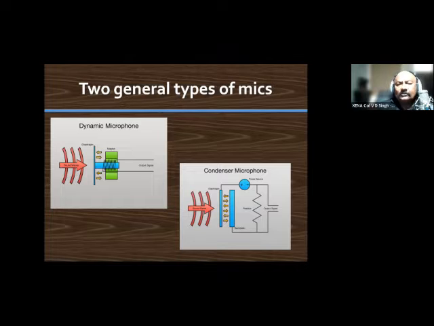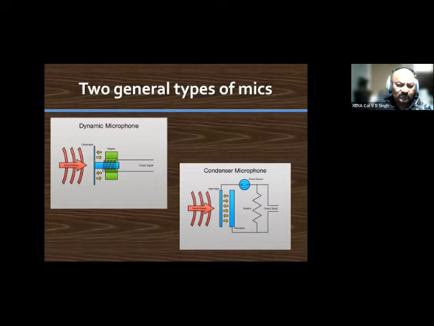Whereas in a condenser microphone, there is a back plate, which is a charged plate. It has some electricity, and sound waves hit the diaphragm, and the diaphragm vibrates, and the tiny space between the back plate and the diaphragm varies. So it's a kind of condenser.